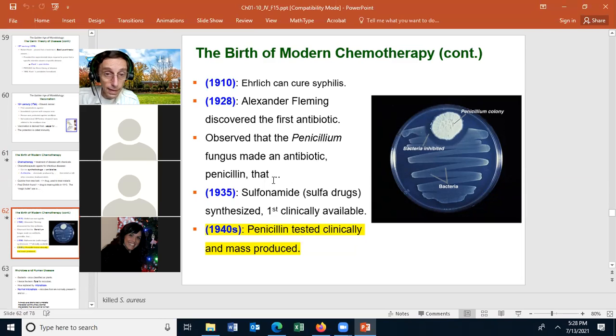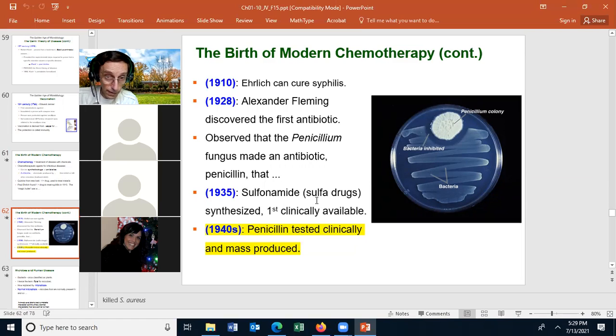Now, the first antibiotic that was available clinically to be used in the clinic or the hospital was actually a sulfa drug, sulfonamide, and it was man-made in 1935. And because it was man-made, it was pretty easy to purify and then give to the patients.